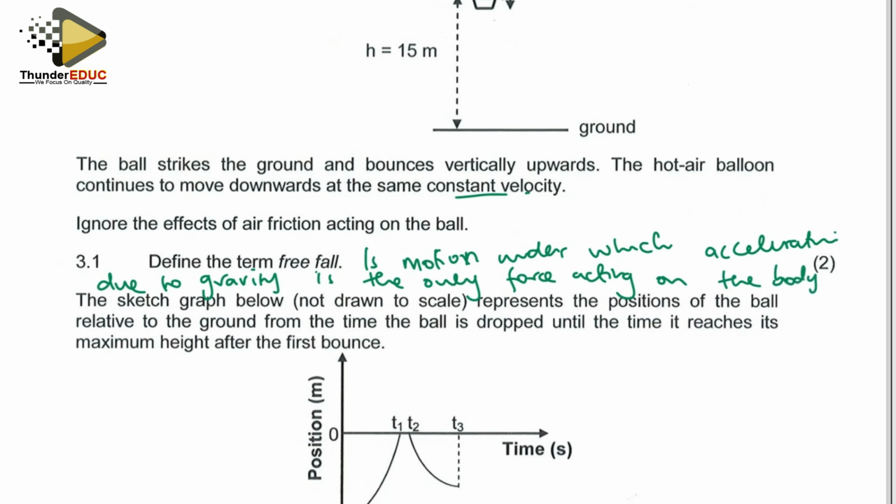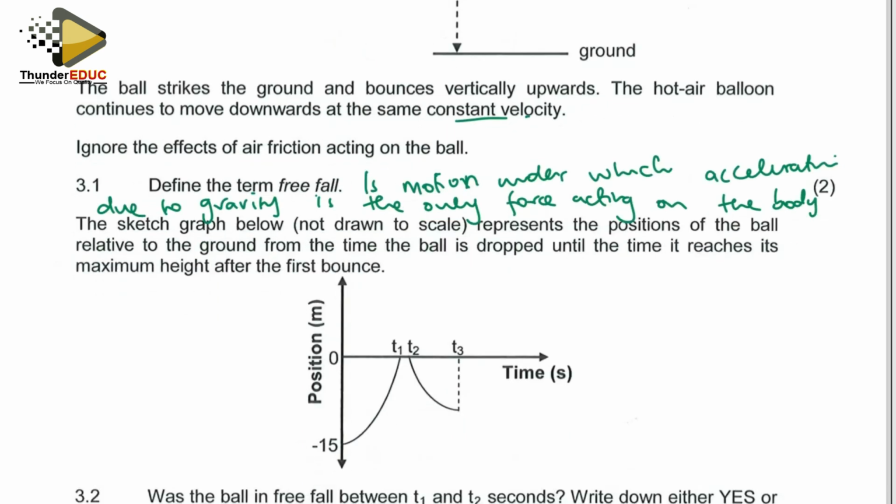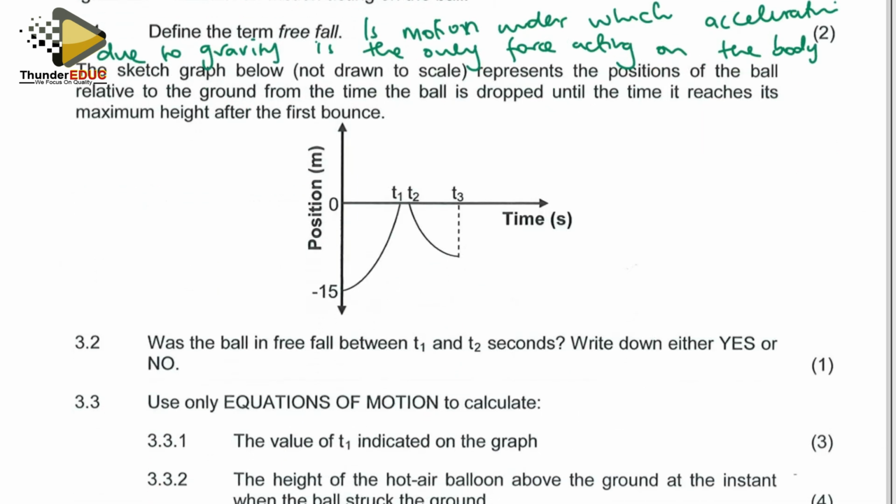Or you can say it's the motion during which the only force acting on the object is gravity. Whichever way, as long as we get to know that it's only acceleration due to gravity that's acting there.